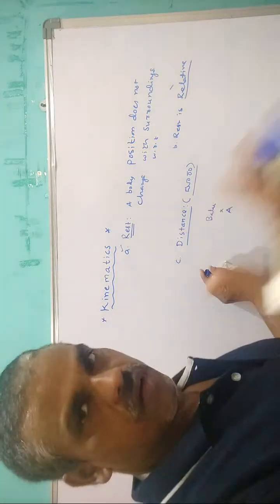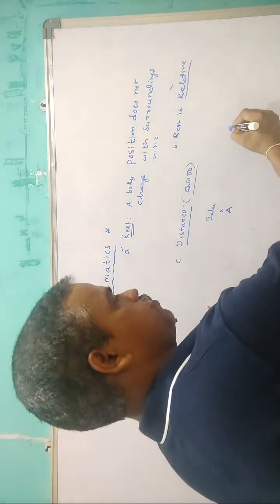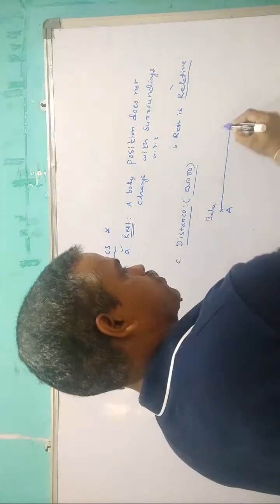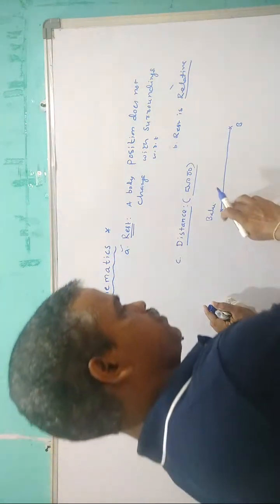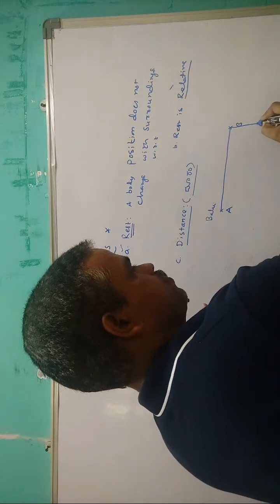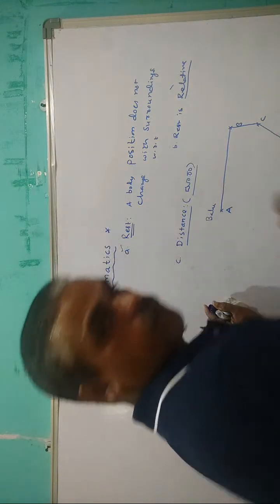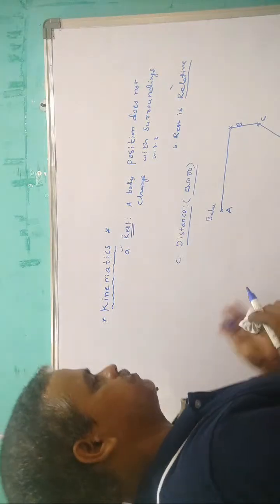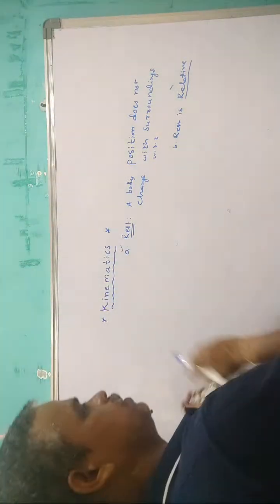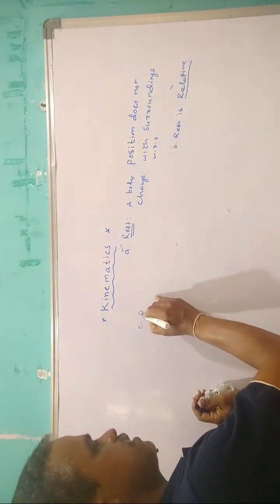So you started your walking from point A to point B. So like this you moved to B. Then after that you want to go C. Then after that you want to go D. So here I am writing this one. I think it is not visible to you. So I am writing here the third concept, distance.